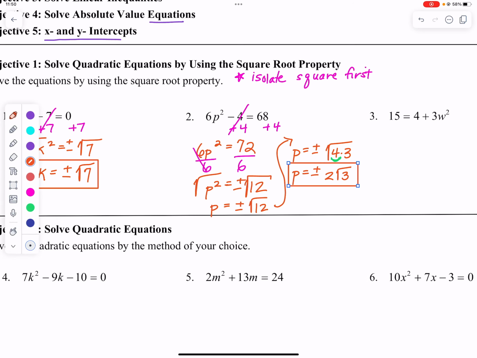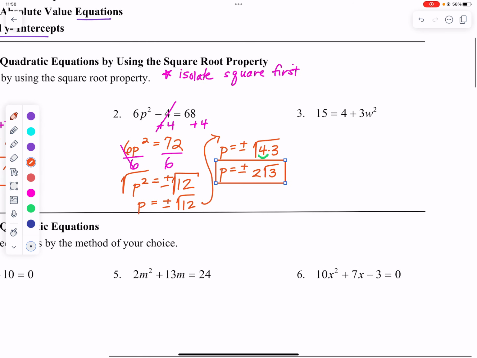Okay, let's go ahead and take a look here. Again, we have to isolate the square term first. So we will go ahead and subtract 4, and we will have 11 equals, let me switch that color, 11 equals 3w squared.